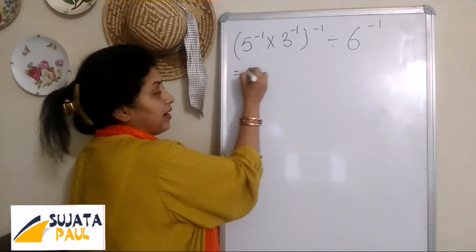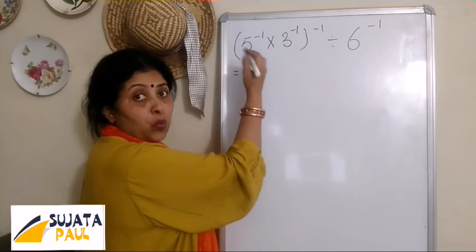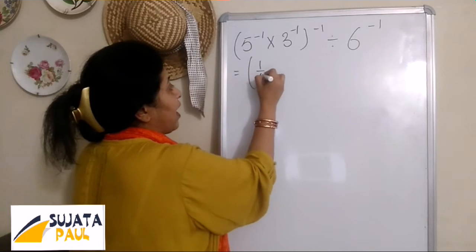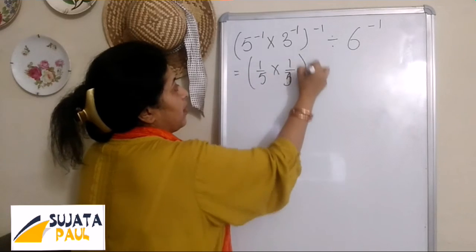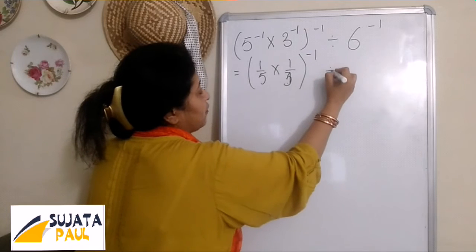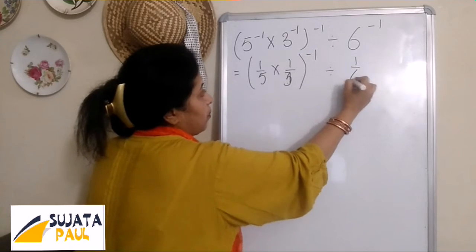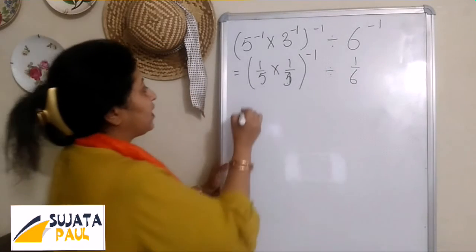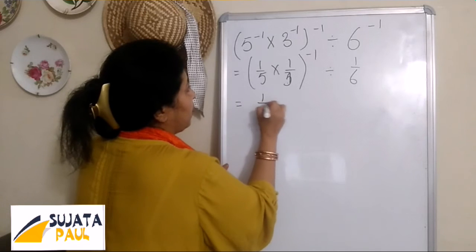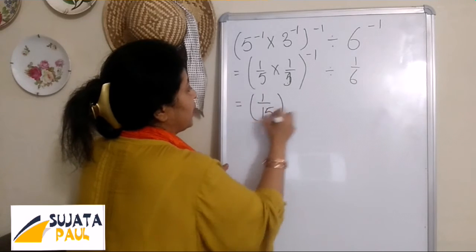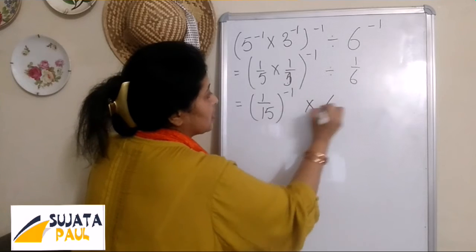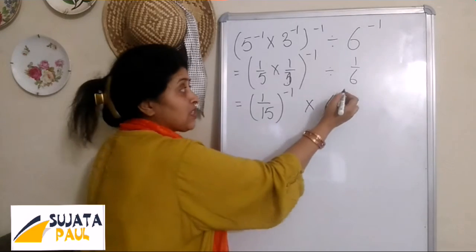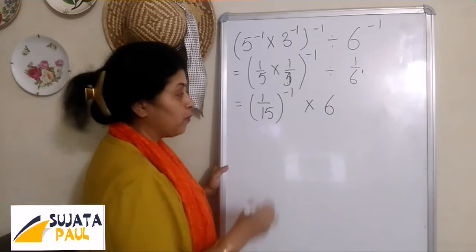So here, can I write this as 1 upon 5 into 1 upon 3, bracket minus 1, divided by 1 upon 6? And then I write 1 upon 15 raised to the power of minus 1 into 6. Right? Because this 6 means it is 1 here now.